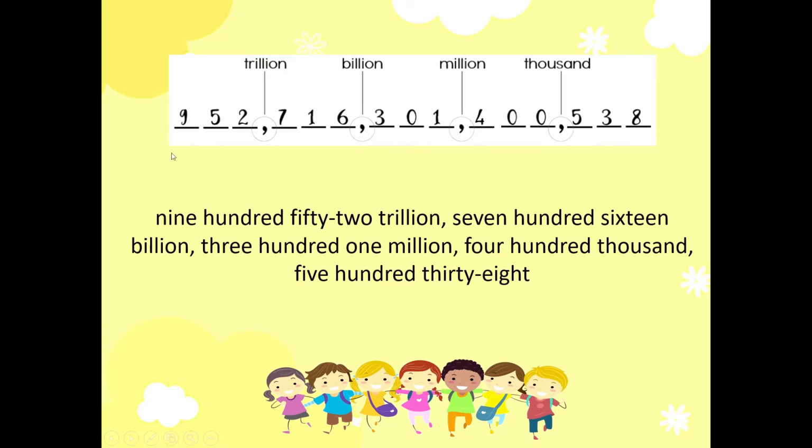When you read it, you read the number, and when you see the comma, you say the name of each group. You just say them in order, left to right, and when you see the comma, you add another word like thousand, million, billion, or trillion.